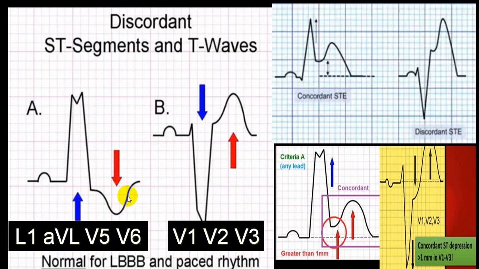You can see this is normal, but when you get this in V5, V6, an ST elevation, it is a dangerous one. Or you get a concordant ST depression, it is also a dangerous one. These are concordant and this is discordant ST elevation.